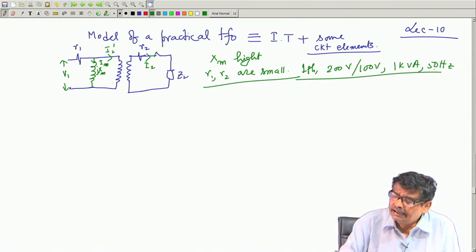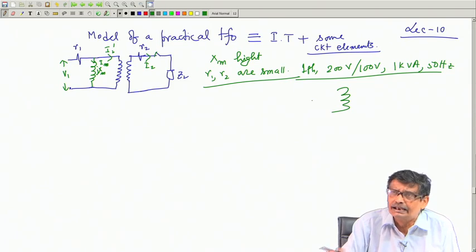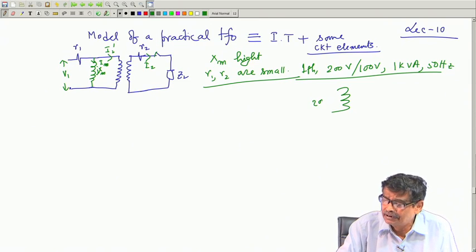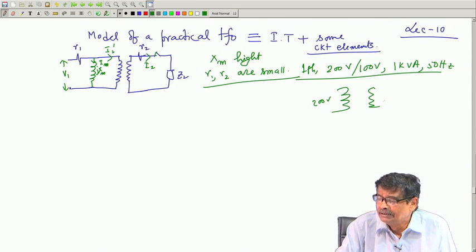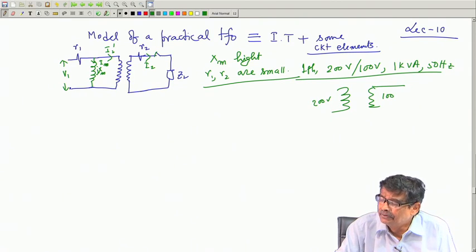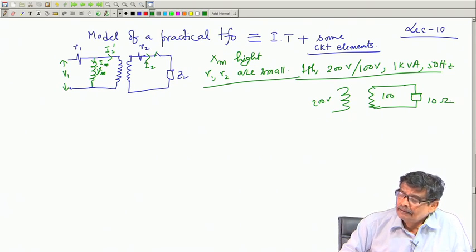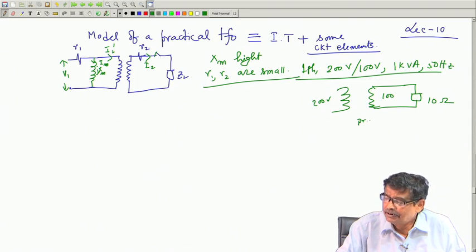It is a practical transformer. You apply 200 volt here and connect an impedance of, say, 10 ohm.